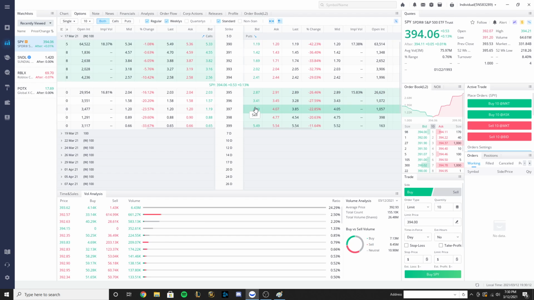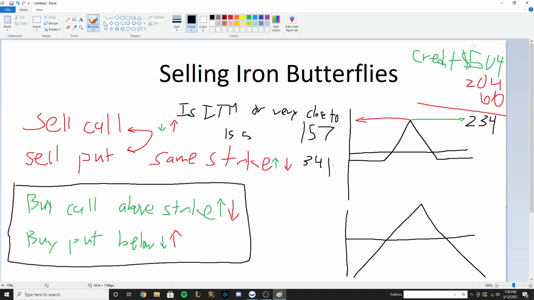And so see, just by being a little bit patient, what you've basically done is you've increased your money. Let's say that we were able to sell our call for 256, and sell our put for 473. That's a net gain of over 700. It's like $730 ish. So instead of just $504, now we've got $730.